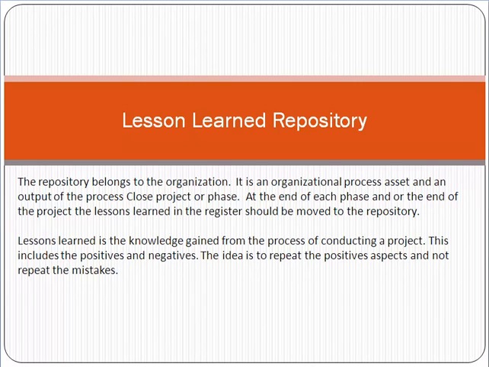For example, suppose there was a mistake, a lesson learned, that it is very necessary to make a functional specification document once the scope document is signed off. Just take an example. It's a very basic mistake. Normally we do that in complex projects. We just sign off the scope document and start implementation, and we don't go for the functional specification document.